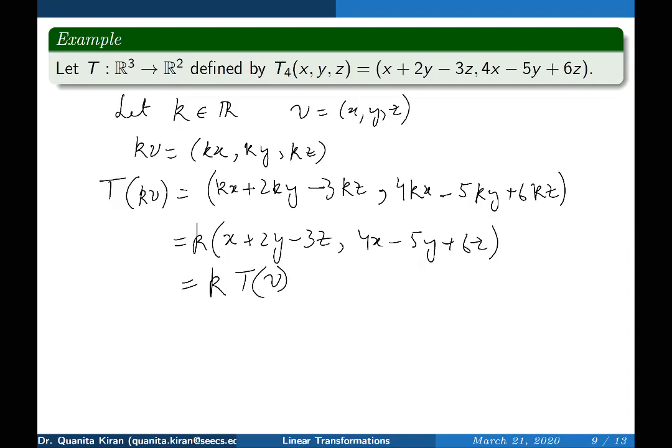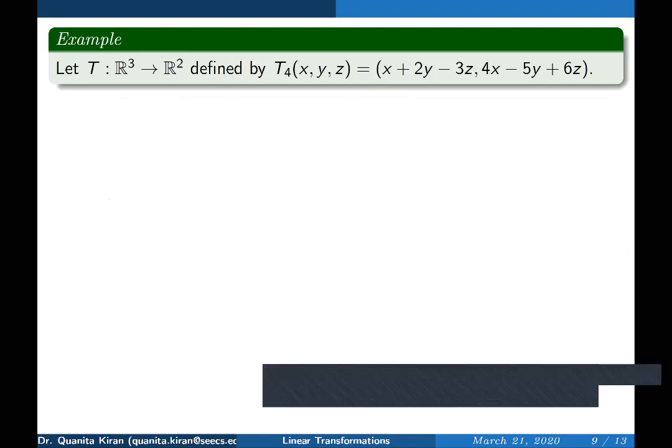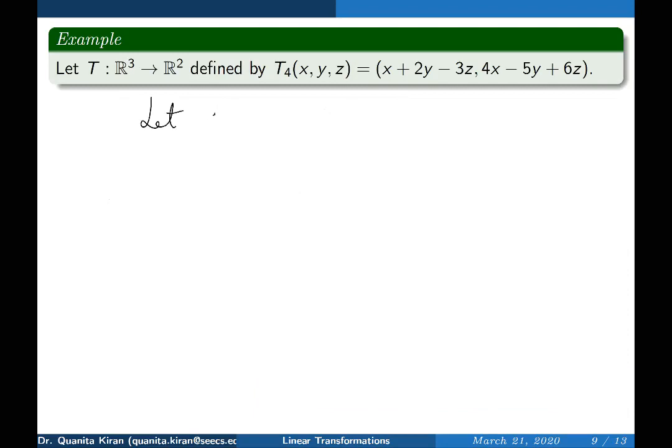By doing this example with vector addition and scalar multiplication, we can also combine the two conditions. Let a, b be scalars and v1, v2 two vectors in R3, and we would prove the condition like this.